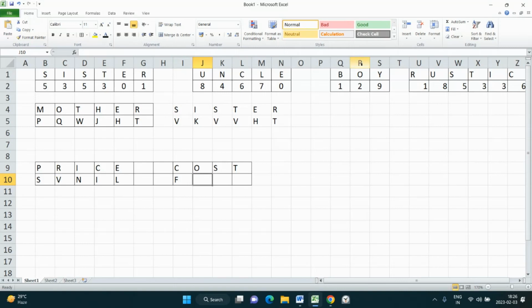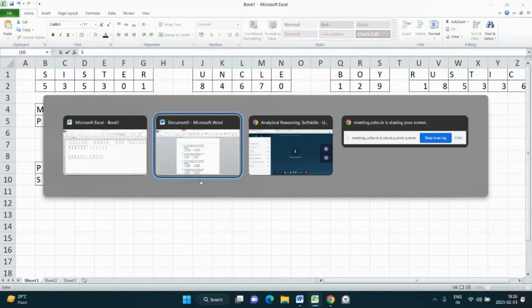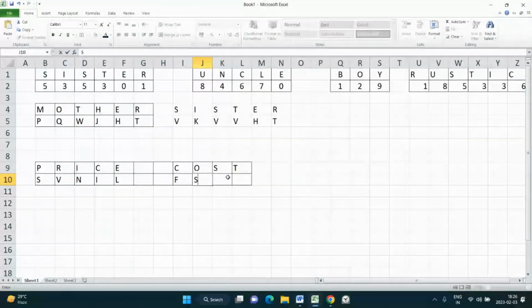R is here and V is here. How many are there in between? There are three characters here. So O, three after is S. You have to tell me what is S.